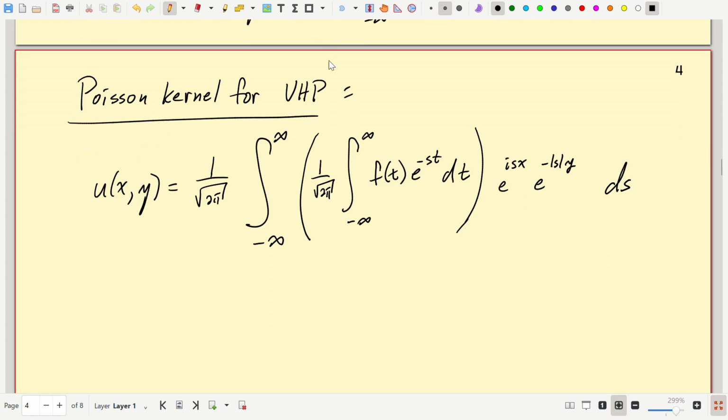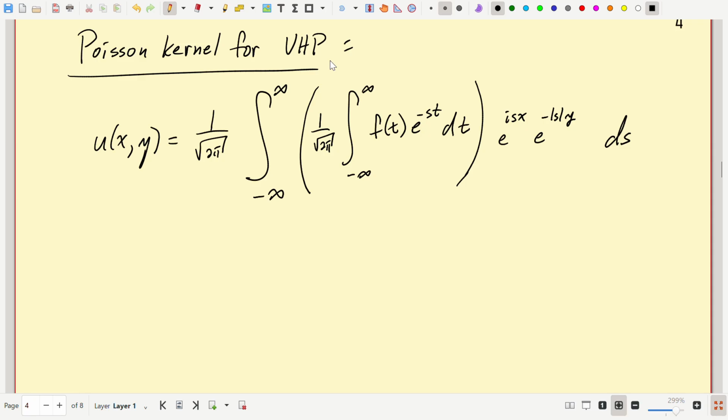Okay, and now I use Fubini's. That's an integral in ds and dt from minus infinity to infinity. And so by Fubini's theorem, I can change the order of integration, hopefully. So Fubini's theorem, let's see, I would get 1 over 2 pi coming out in front. And then I'd change the order.